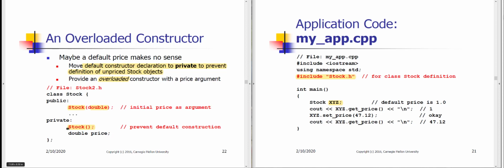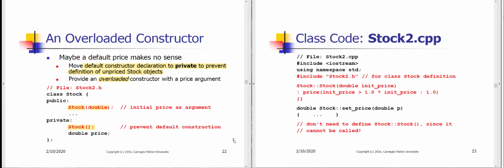price. Now, because for the stock class we have made the default constructor private, it's not going to be possible in an application to declare stock objects without specifying a price. The only public constructor is this one that does require a price to be specified as an argument.